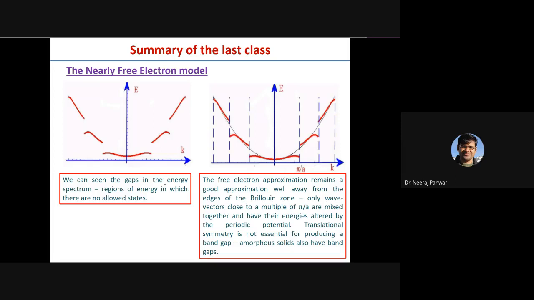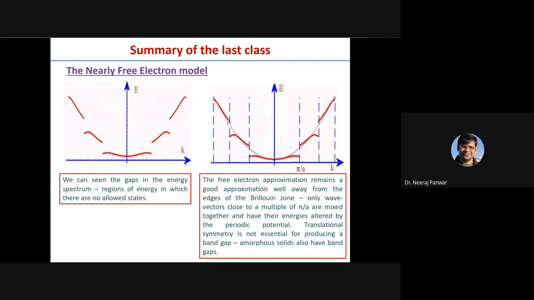So that is the nearly free electron model, in which a weak periodic potential is considered. And when we described the nearly free electron model, that also showed that the gaps exist at the zone boundary, that is at integral multiples of π over a.